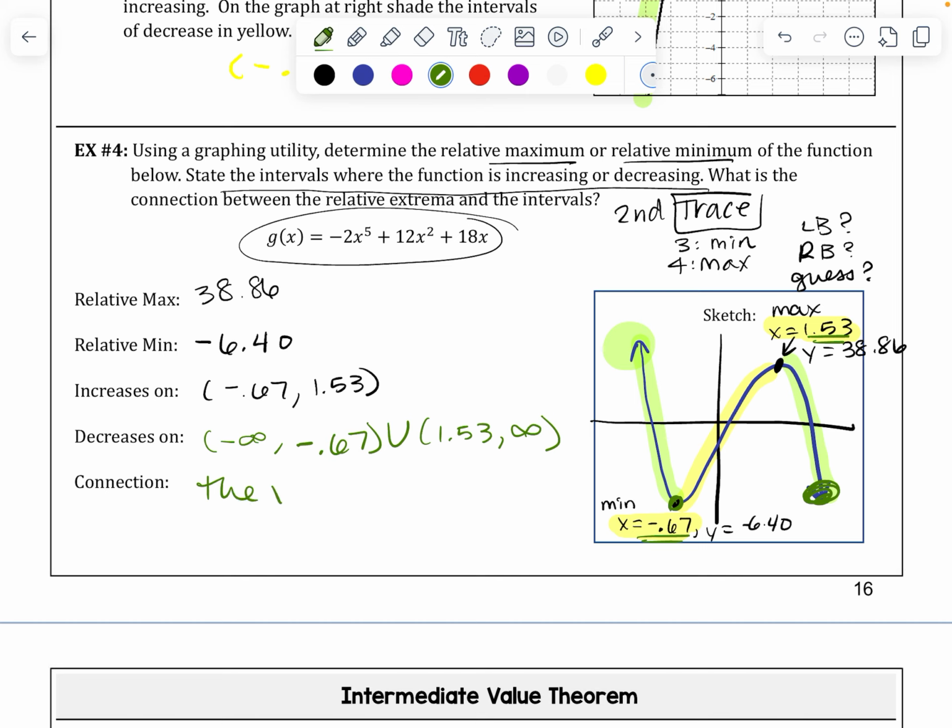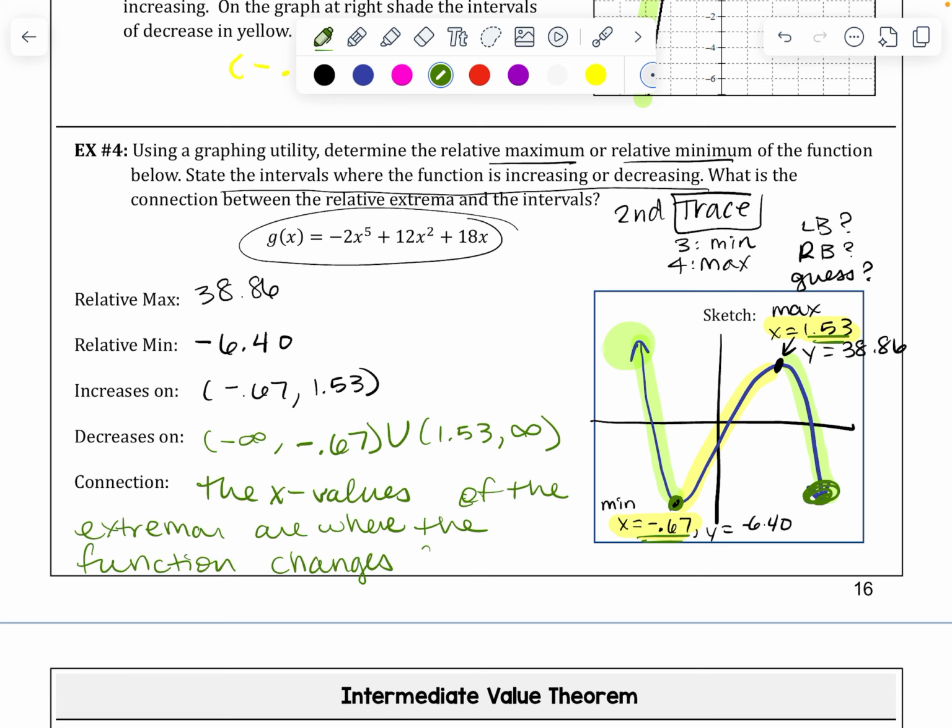The x values of the extrema, or the maximums and minimums, are where the function changes from increasing to decreasing.